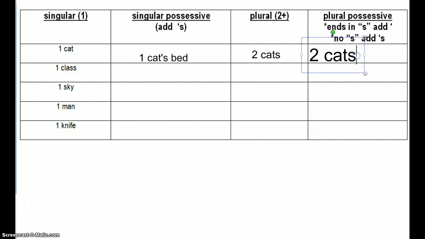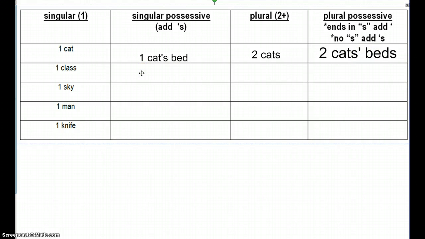Cats already ends in an s, so I add just an apostrophe. And so I might be talking about my two cats' beds. And so that's how it would look. And again, cats' no longer is a noun. We're actually using it as a possessive. It's showing ownership. It's doing the job of an adjective.